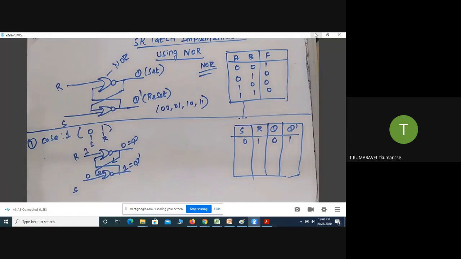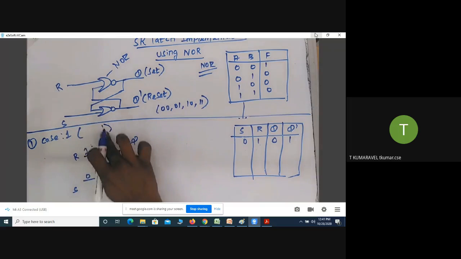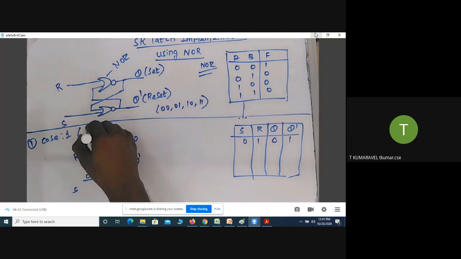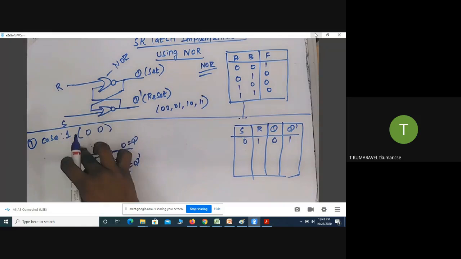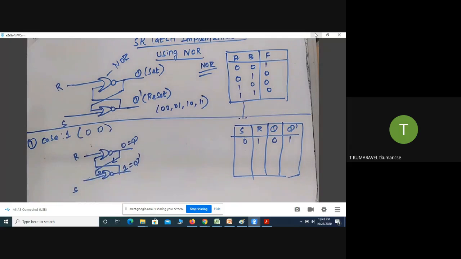Yes, sir. Okay. Next input combination is 0, 0. Now I am taking the test input as 0, 0, and I am going to check the behavior of the SR flip flop. So S equal to 0 and R equal to 0. Previously, one of the inputs was equal to 1, so based on the truth table we generated the output.